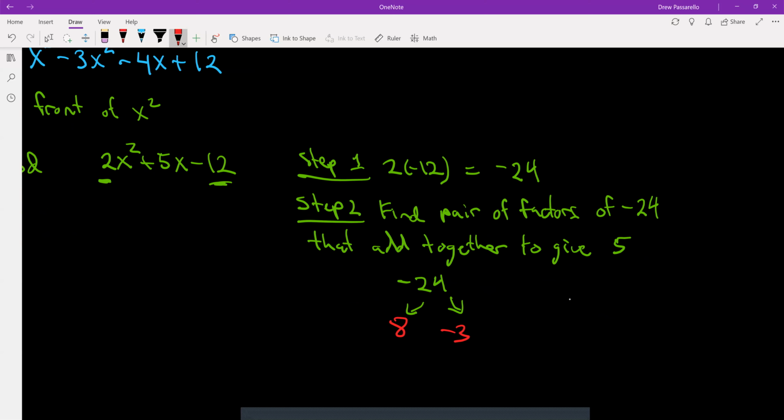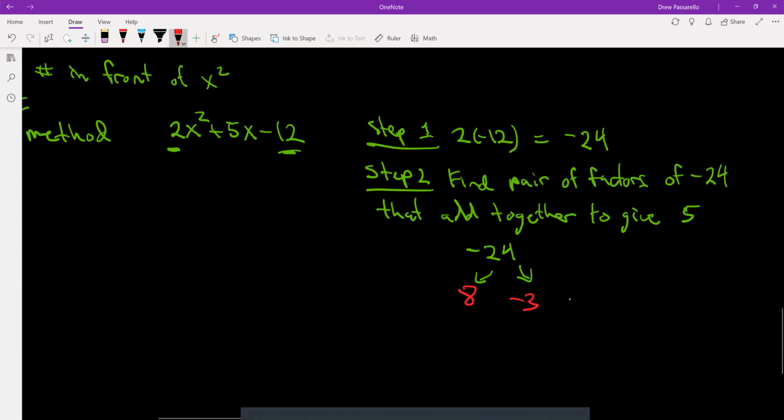So what I'm going to do now for step 3 is replace the middle term, 5x, with 8x minus 3x.